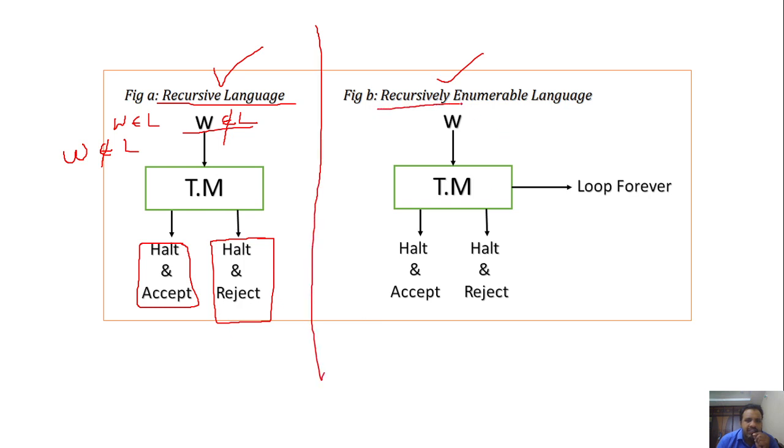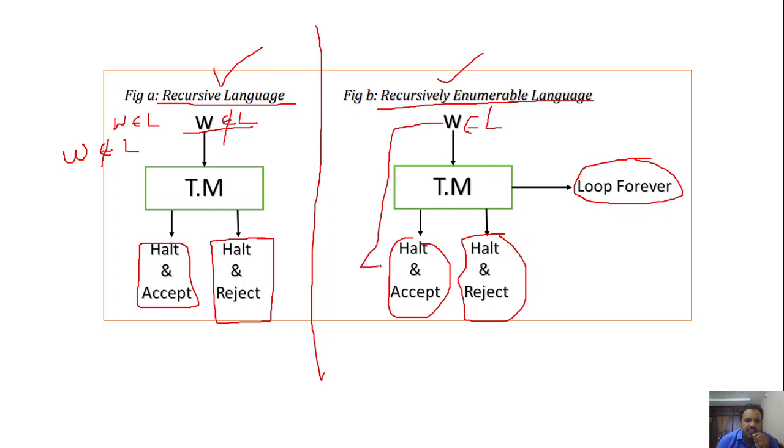And for a recursively enumerable language, the Turing machine may halt and accept, or halt and reject, or loop forever. If you give a string w that belongs to the recursively enumerable language L, then the Turing machine definitely halts and accepts.